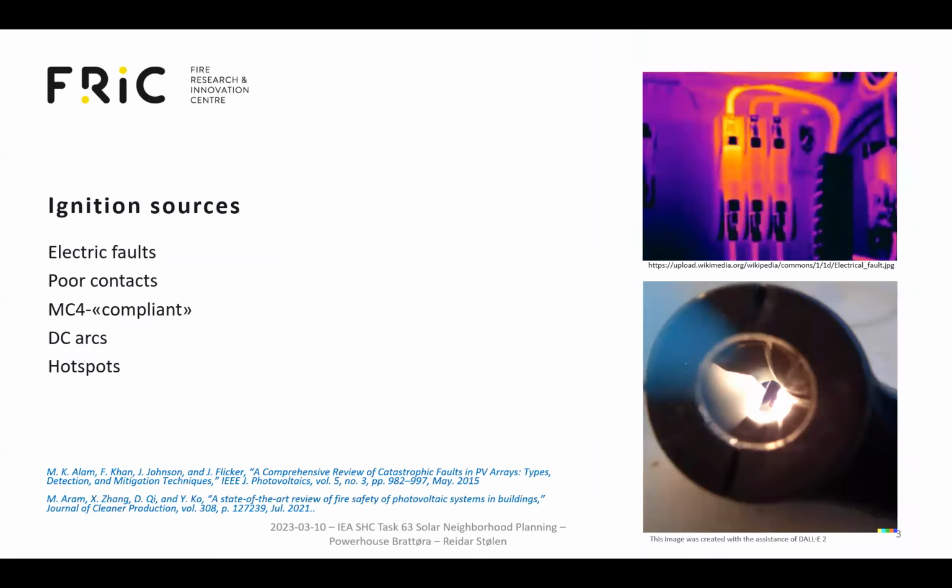Well, so a PV installation is an electric installation, and like all other electric installations, it can represent a hazard of ignition by electric faults.